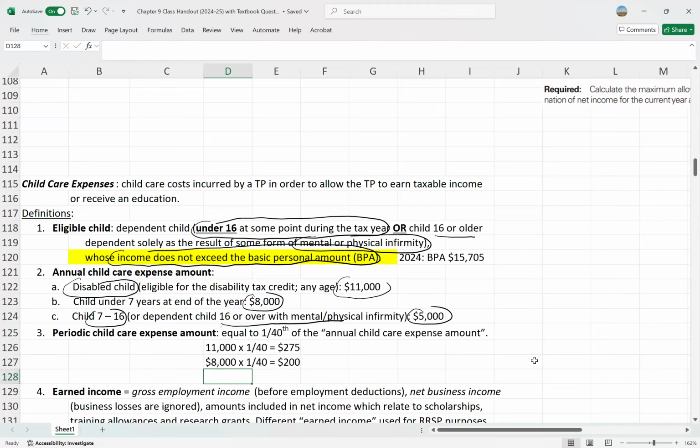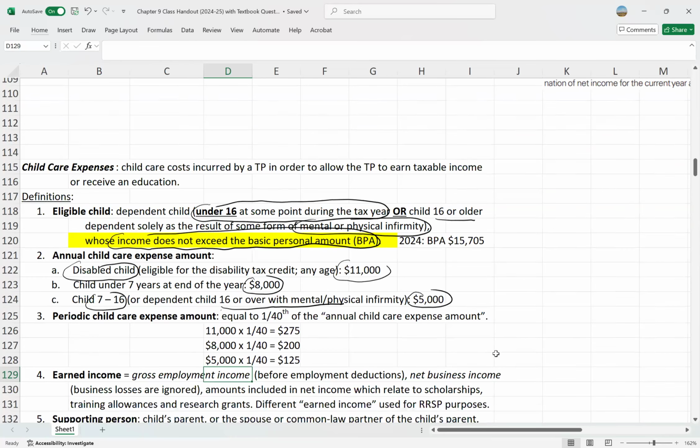And then the third annual amount, 5,000 times 1/40th, that's going to be 125. So we'll see where this periodic amount comes into play later, but that's what the periodic amount is: 1/40 of those annual amounts.